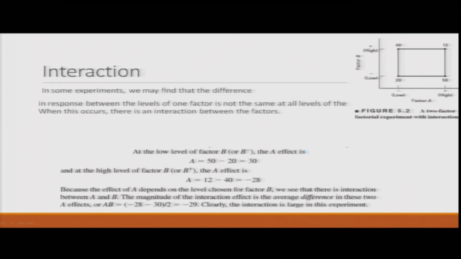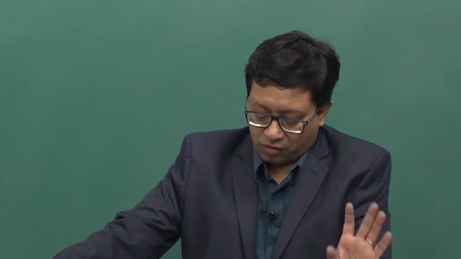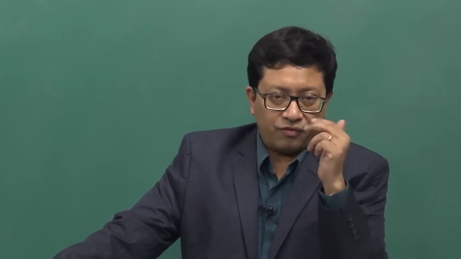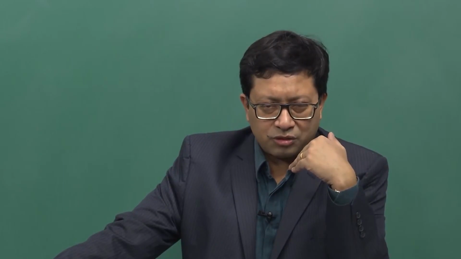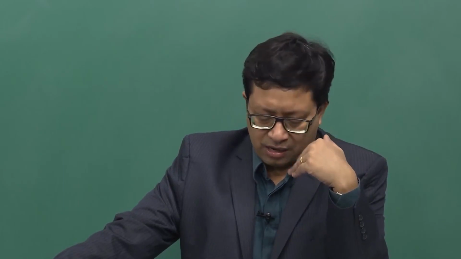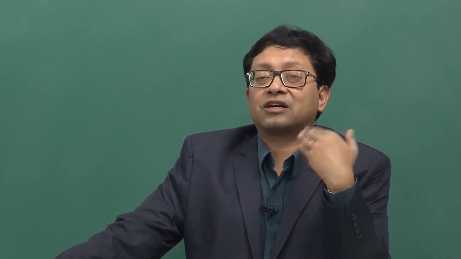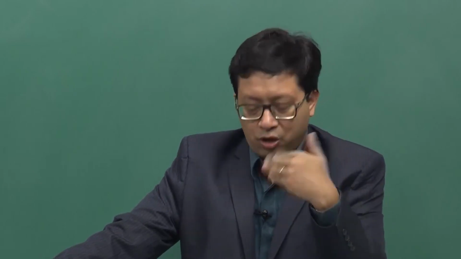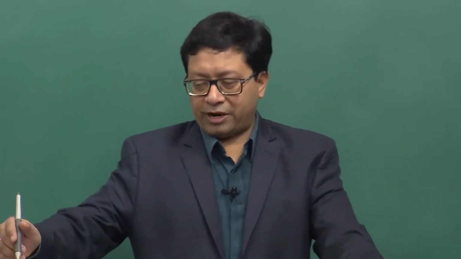Because the effect of A depends on the level chosen for factor B, we see that there is interaction between A and B. The magnitude of the interaction effect is the average difference in these two values of A. That is the difference between the effect at B plus, which was minus 28, and the effect at the lower value of B, which is minus 30. So, the average value comes out to be minus 29.